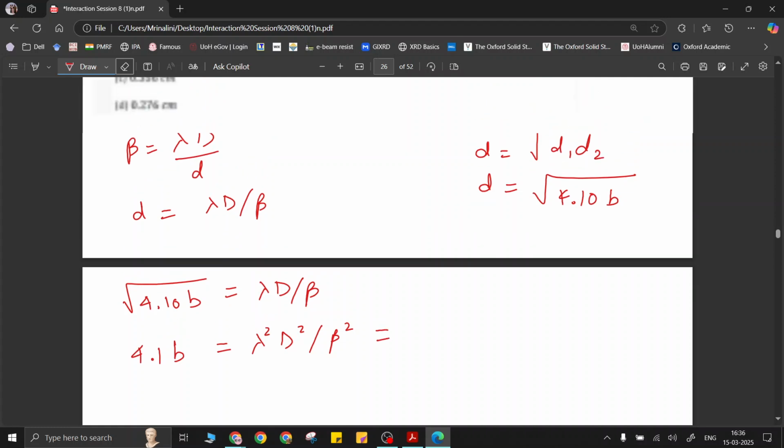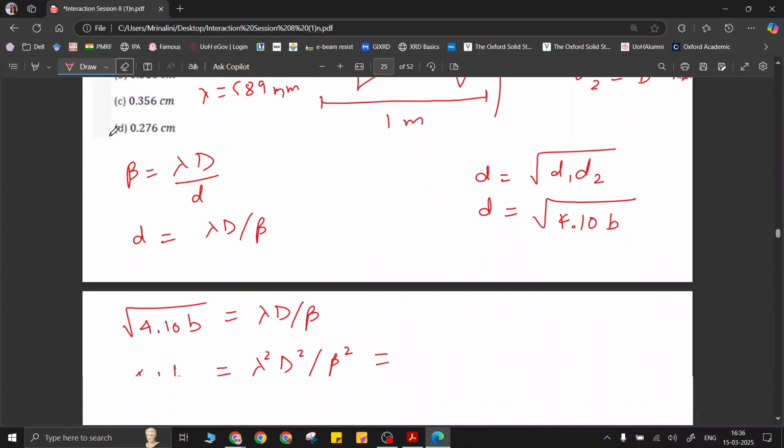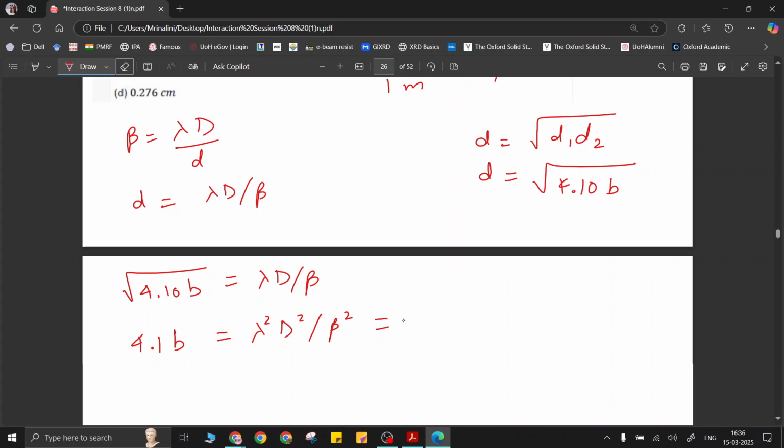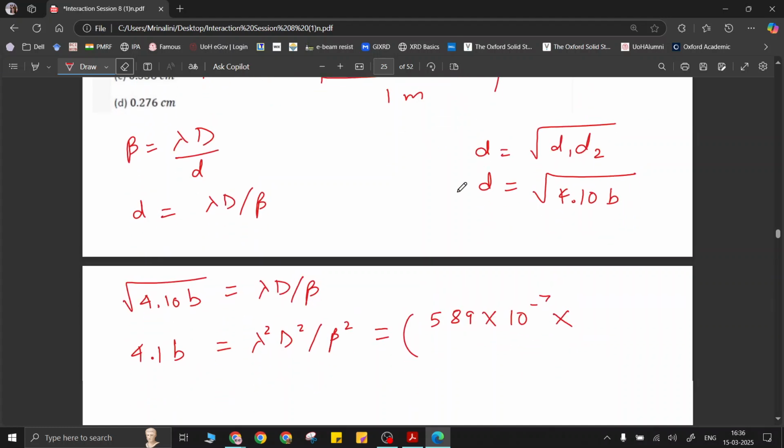Now lambda is 589 nanometer. Let's first calculate everything and then we'll take the square of it. Our answers finally are in centimeter, so we'll convert it into centimeter. It means it will be 10 to the power minus 7 centimeter multiplied by D. D is 1 meter, which means 100 centimeter, divided by beta.